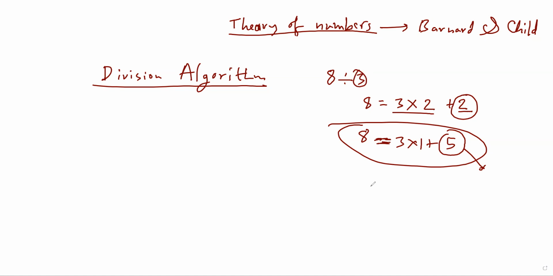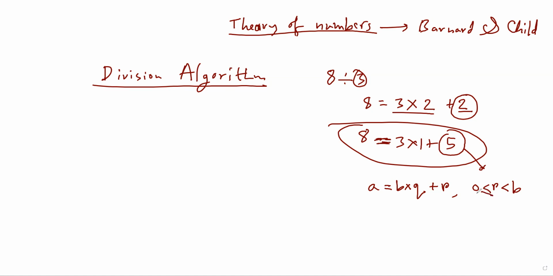So if any number a is to be divided by b, then the structure is we get a quotient q and possibly a remainder r, and r is in the interval 0 to, it should be less than b, but it's not necessarily strictly greater than 0.